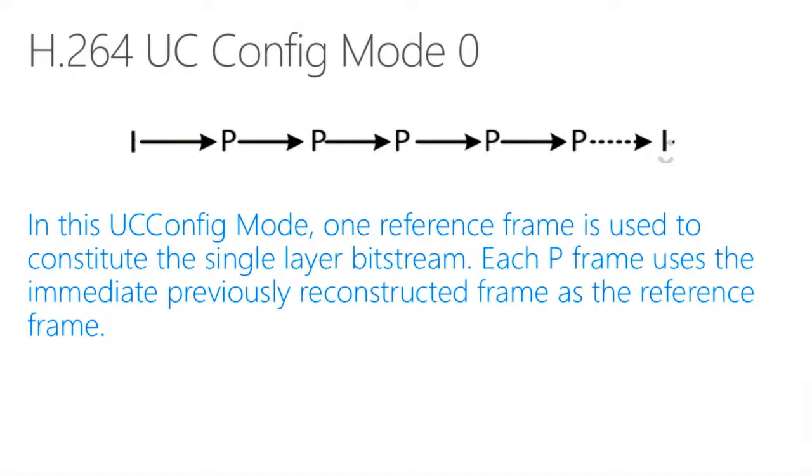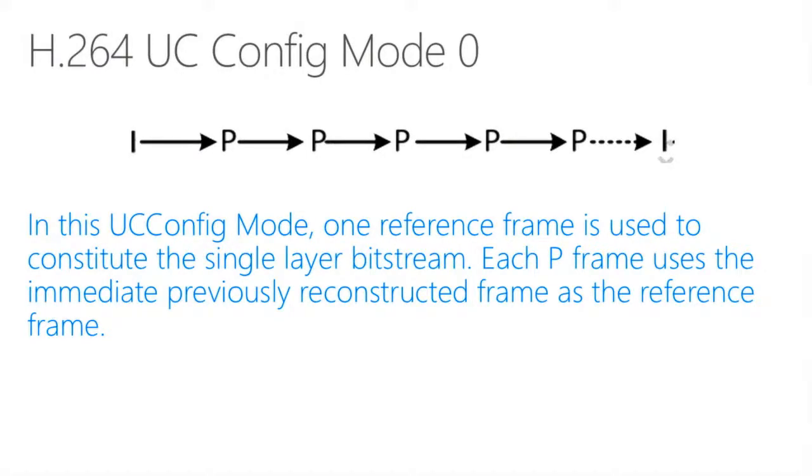But in UC config mode 0, it's kind of a traditional video model where you have an I-frame, and then each intermediate P frame uses the previous I-frame as a reference to generate it. So the P frames are your smaller updates, and your I-frame is like a full sync point. And you just have this one stream. So this is a very traditional model for doing video.